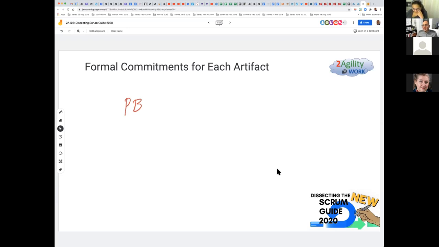Okay, perfect. Thank you. So the three artifacts, formal commitment for the three artifacts. Product backlog is the first artifact. The next artifact is the sprint backlog.